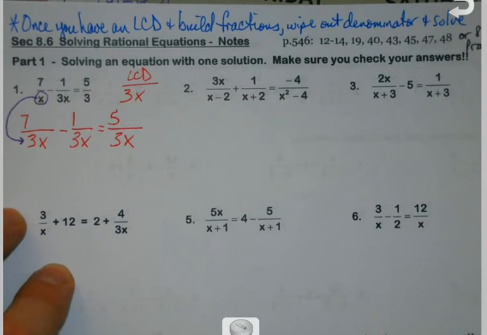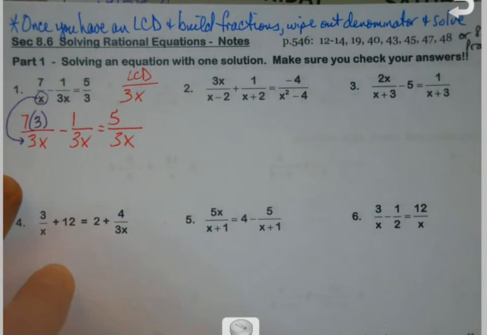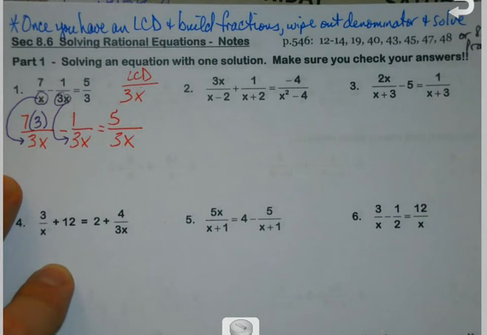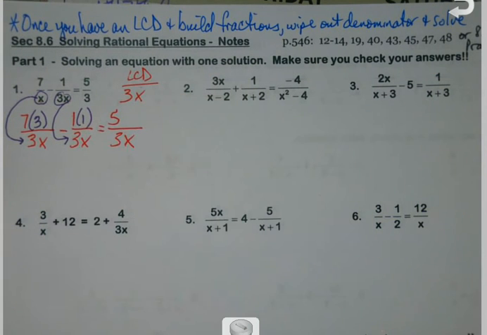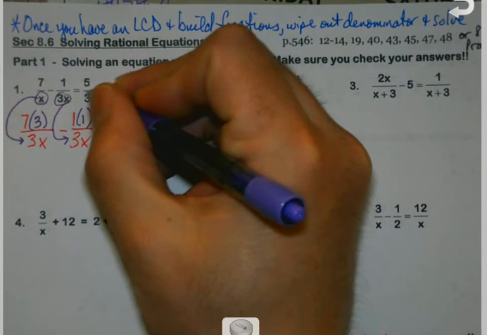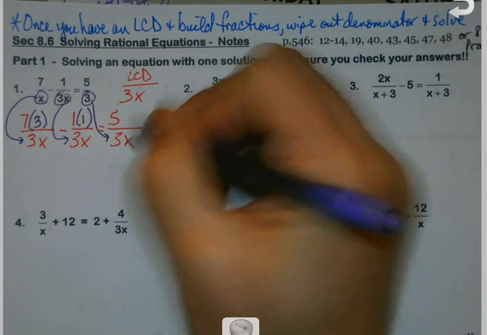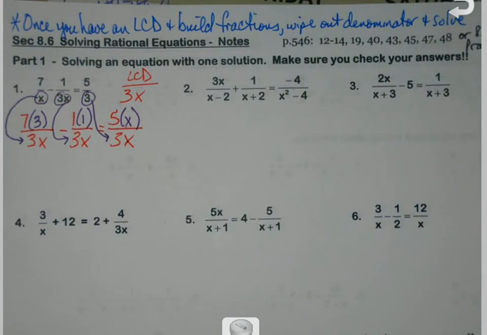What do I have to multiply x by to get to 3x? 3. So we get that up there. What do I have to multiply 3x by to get to 3x? Nothing really, or if you like to put something, we can put a 1 there. And then one more time at the end, 3 to get to 3x, I need x.